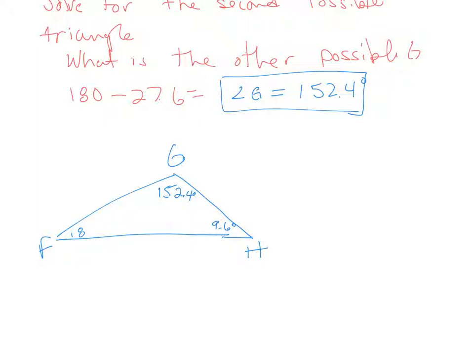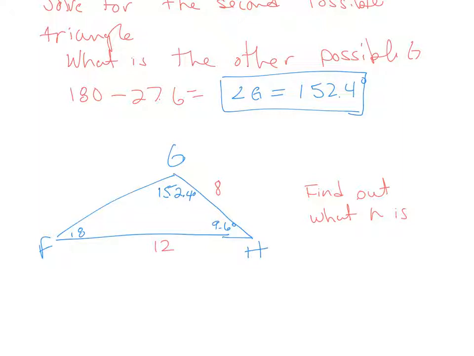So going in from the beginning, what else did we start off with? We started off that g was 12, and we also started off that f was 8. So to finish solving this triangle, we just need to find out what h is, and do that the same way that I did before.